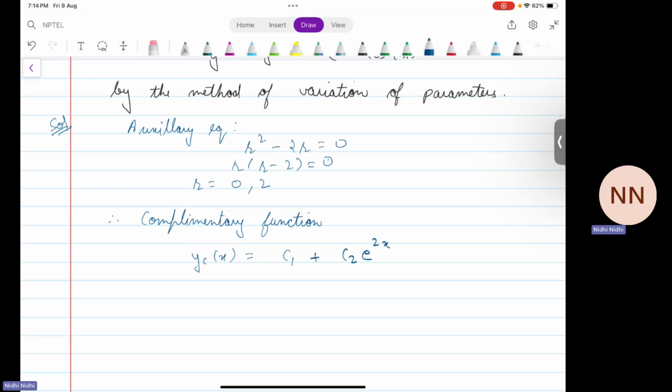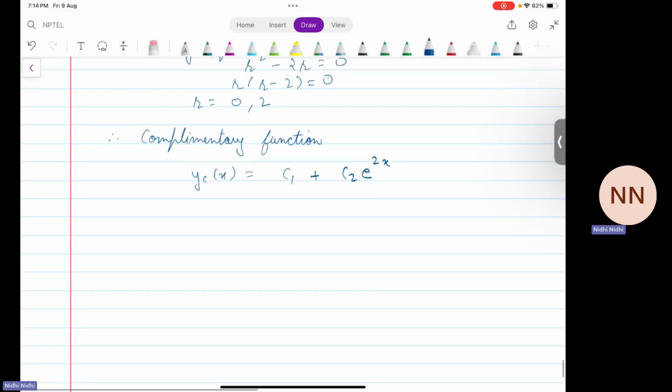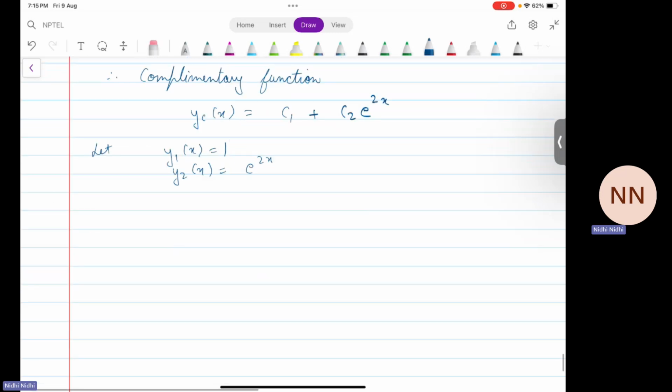Now using these two functions, we'll find the particular solution. So this time our y1x is just 1 and y2x is e to the power 2x. So what was our particular solution?